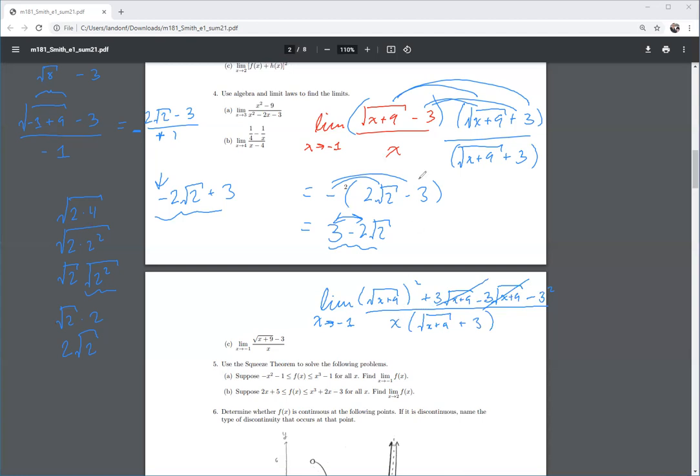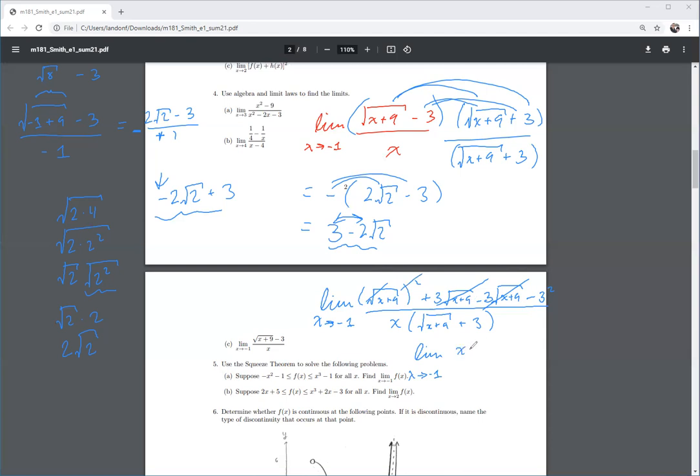And then on the denominator we have x times the square root of x plus 9 plus 3. And we can actually distribute the x in. I'm not sure how much that will change. I think I'll just leave it as is if that's all right. And just clean it up a little bit. So then we end up getting, we can simplify the square root and the square.